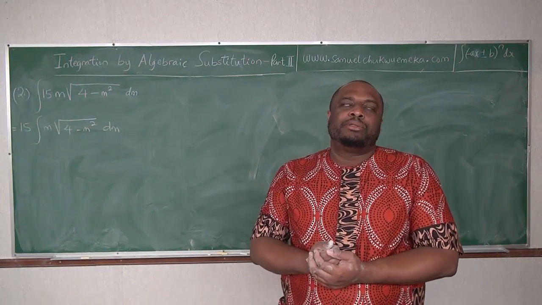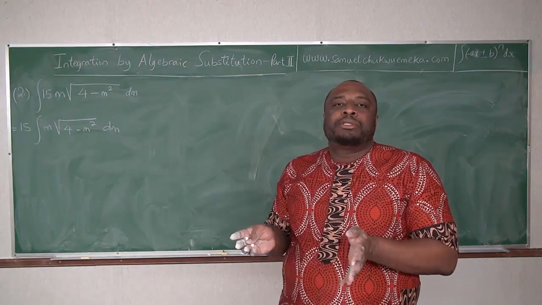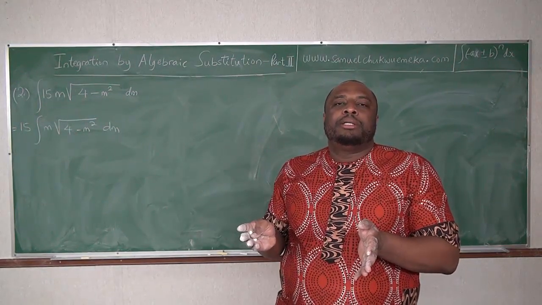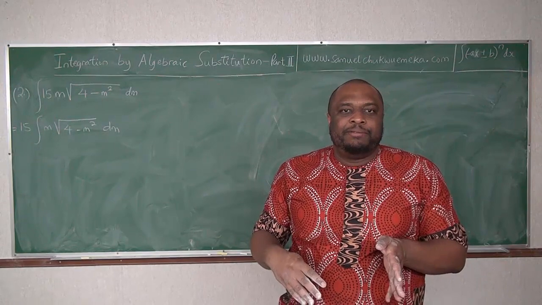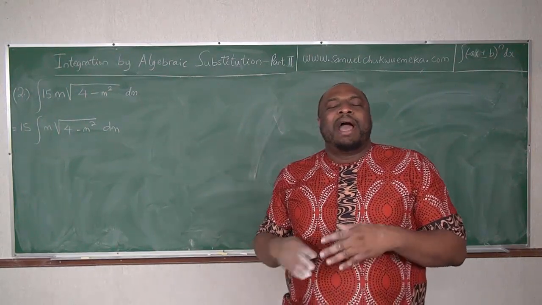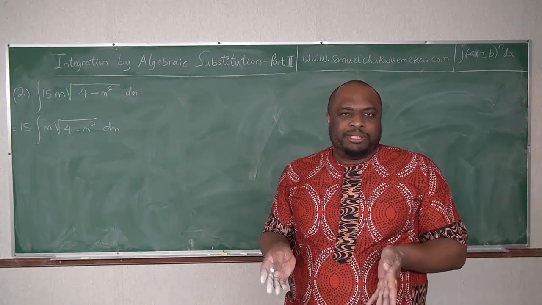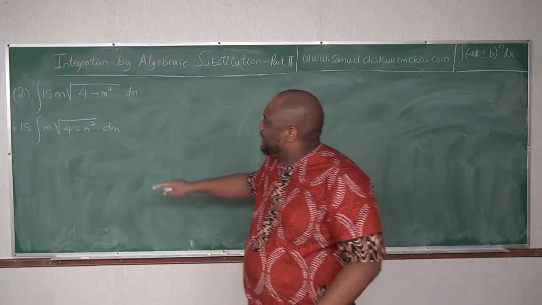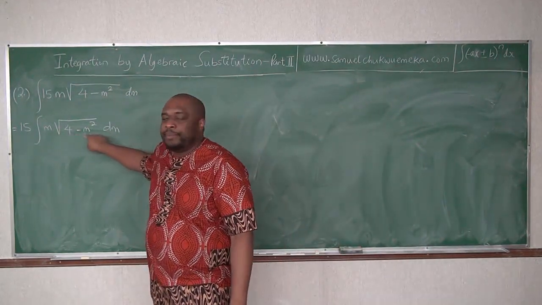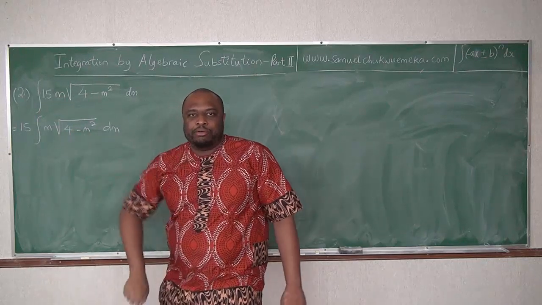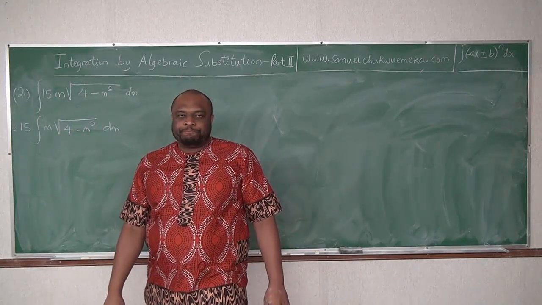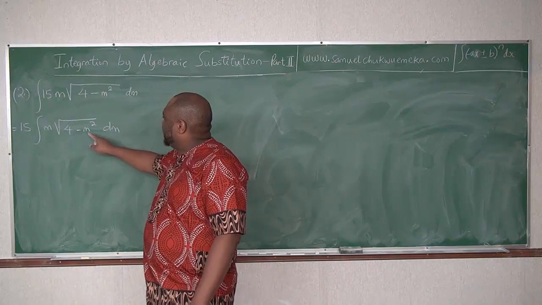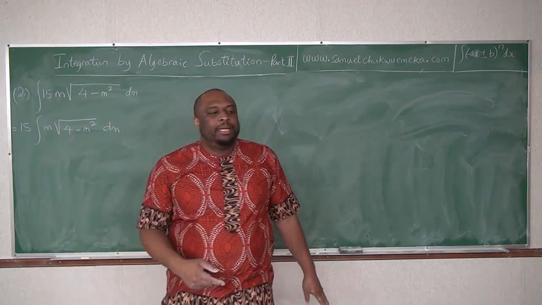Don't try to substitute such that when you find the derivative, it will still contain radical. Avoid using radicals when you substitute. Just look at the radicand. The radicand is the term inside the radical. The radicand is 4 minus m squared.